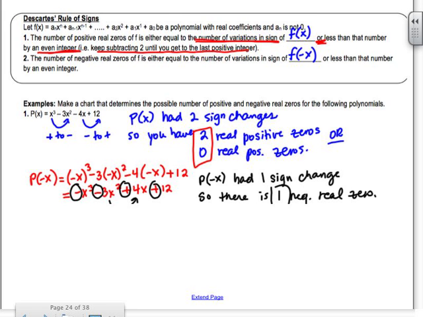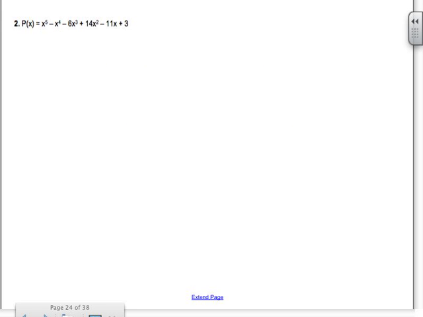All right, so next one. So we have x to the 5th, so that means those rows are going to add to be 5. So we look for a number of sign variations. So we go through, we have plus to minus, so there's one there. Then we have minus to minus, that's okay. Minus to plus, plus to minus, minus to plus. Do you guys see how I got that?